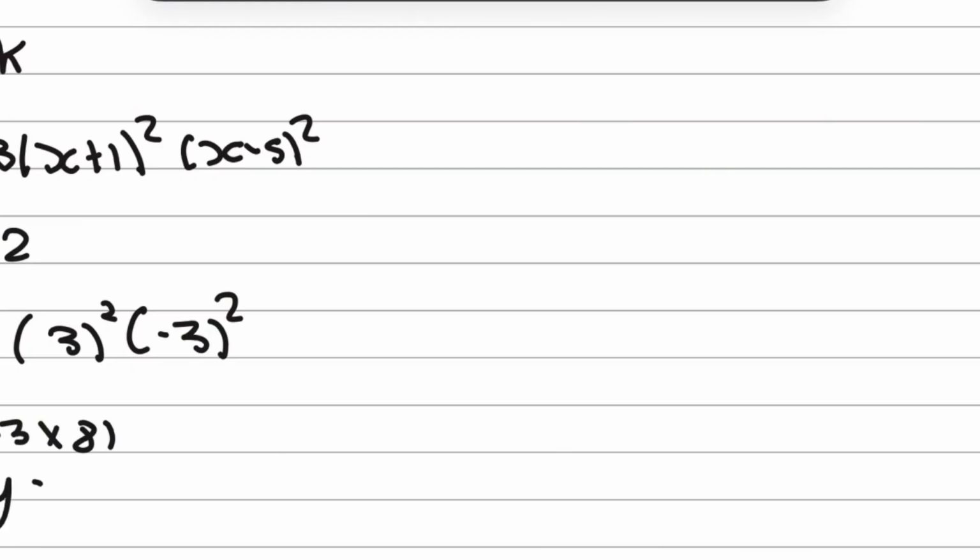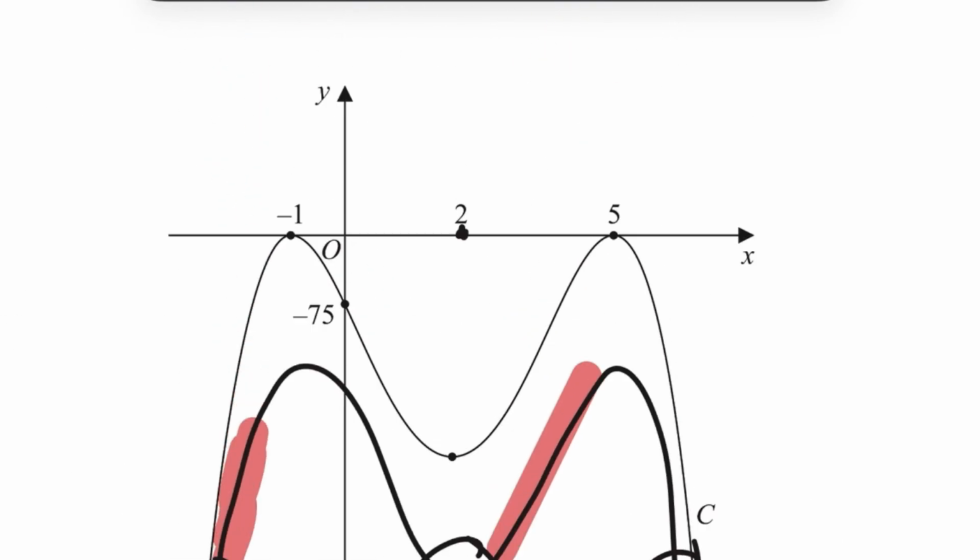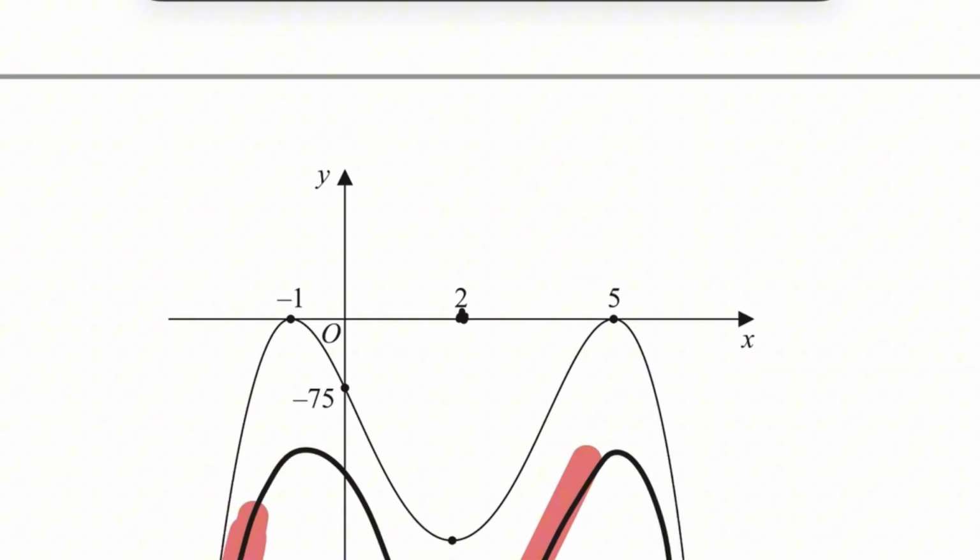So y is equal to minus 3 brackets 2 add 1, 3 squared, multiplied by 2 minus 5, which is minus 3 squared, right? So then minus 3 times by 81 is going to be y is minus 243. So that means, and we can ignore the negative sign here, that it's going to be shifts up this whole way by plus 243.